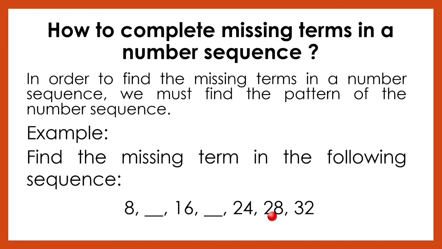Para makuha yung 28, nag-add tayo ng 4 sa 24. 24 plus 4 is 28, and 28 plus 4 is equal to 32. Therefore, the missing terms are 12 and 20. Since 12 is equal to 8 plus 4, and 20 is equal to 16 plus 4.